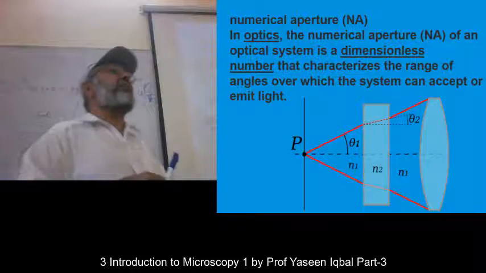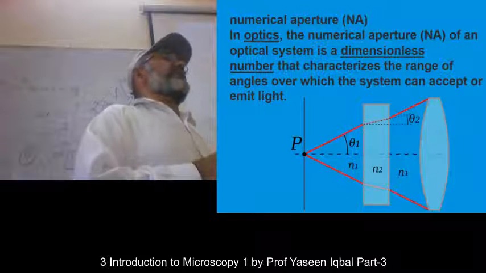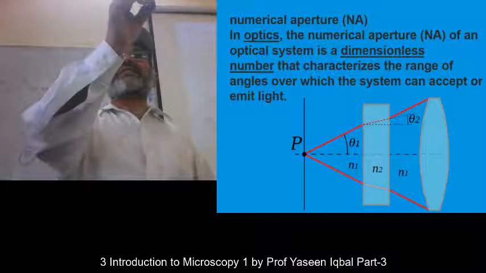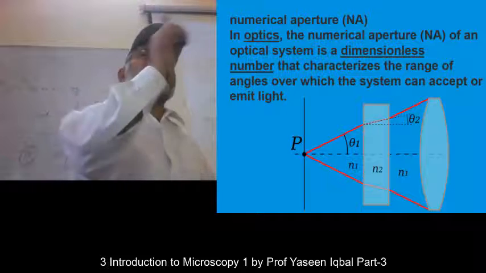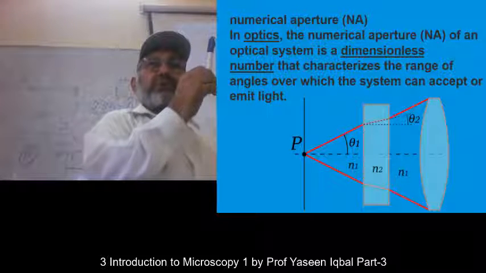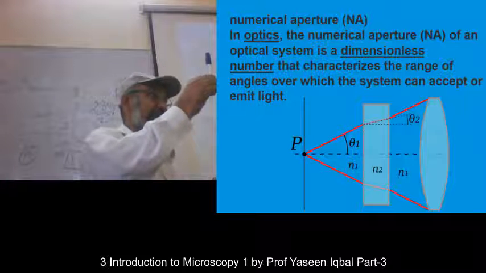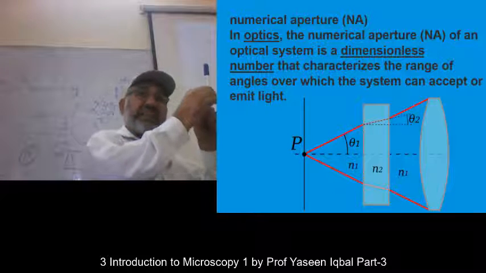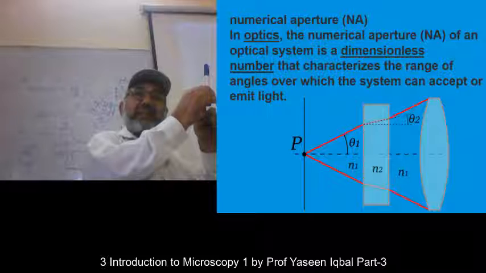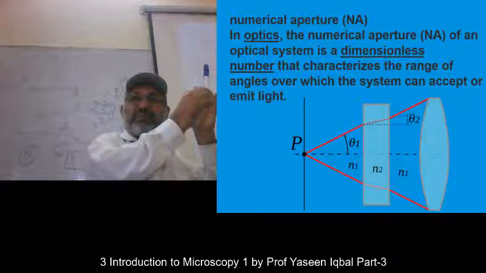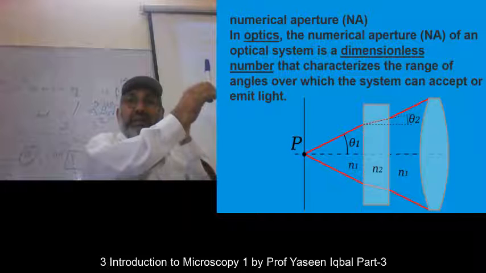But there is an optimum value of the numerical aperture, which is the most suitable distance with which you have the maximum visibility. In simple words, you can say there is a distance at which the feature can be seen in the best possible way. And there is the numerical aperture.